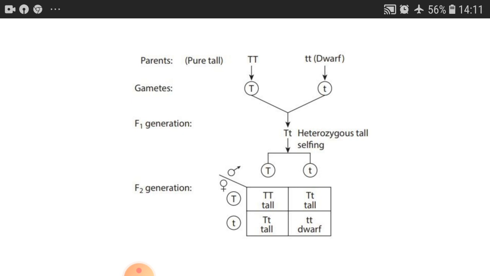But what you see or visualize as the expression is only 2 types, tall and dwarf. And if you consider the 4 blocks here as 4 different parts, then you can see 3/4 part as tall and only 1/4 part as dwarf. That is 3:1 is the ratio in which they were formed.